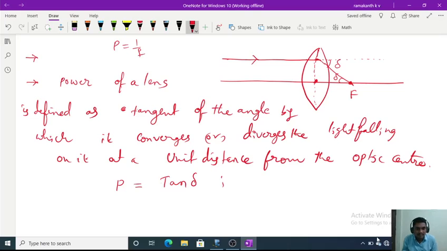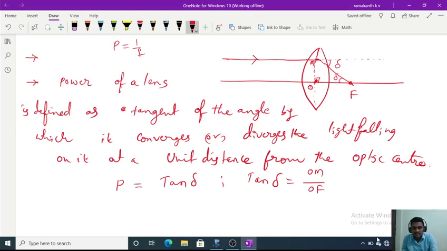So I'm taking a right angle triangle here. This is F, let it be M, and this is O. And from the triangle we can write tan delta is equal to OM by OF.